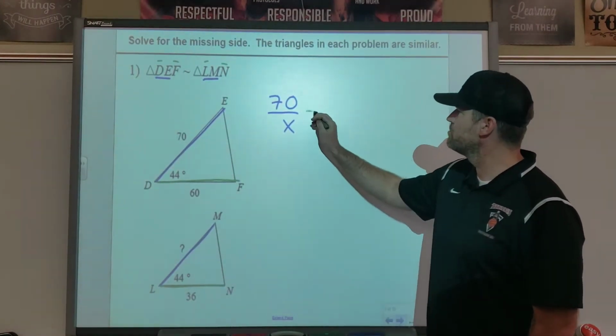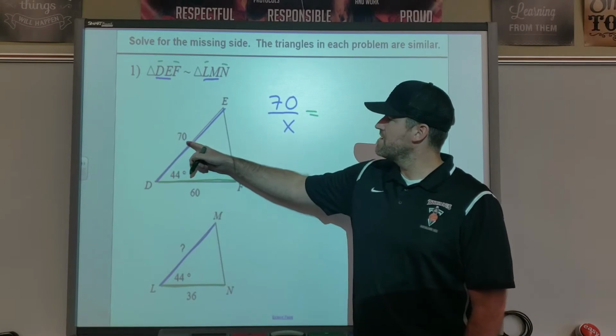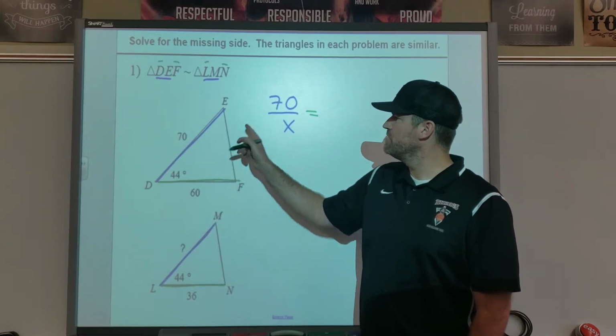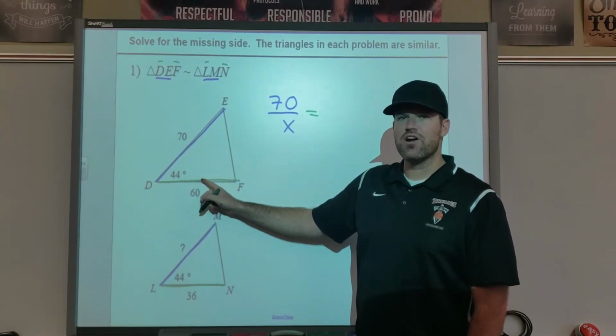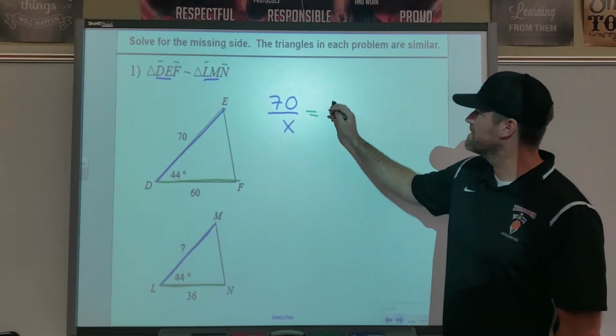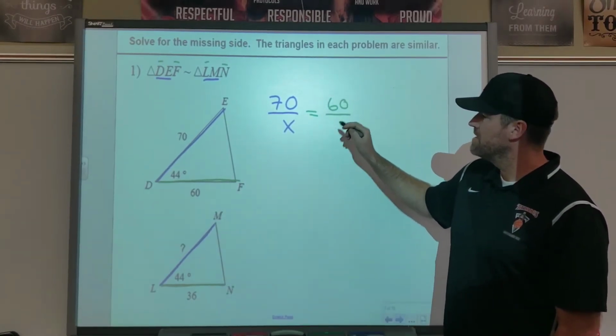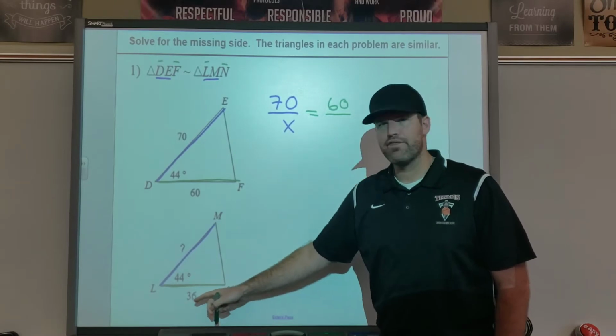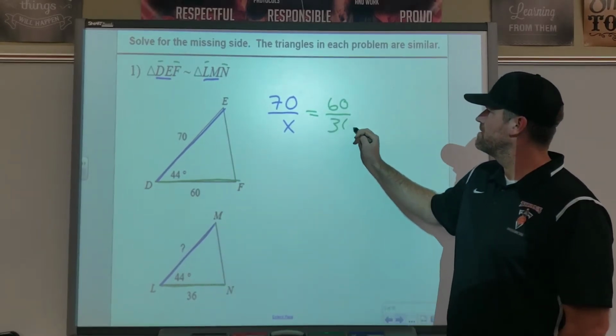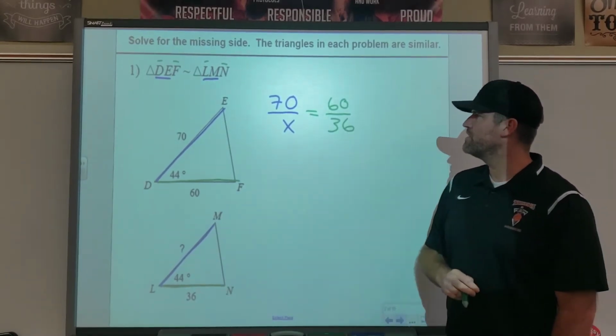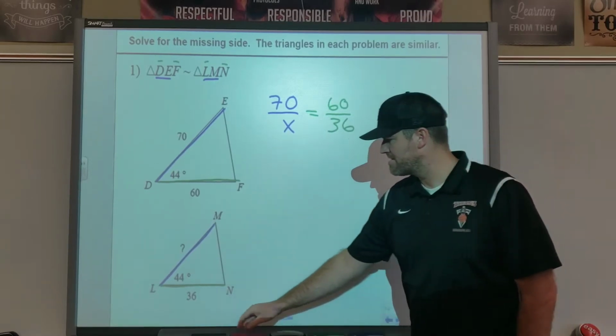And then I could set that equal to, well, since I use 70 on top, I need to use the other side of this triangle on top as well. So I'm going to put 60 on top, and 60 corresponds with 36. So I've got my proportion, 70 over x equals 60 over 36.